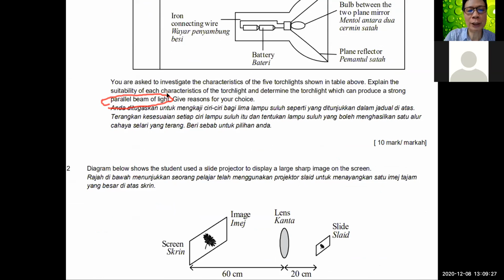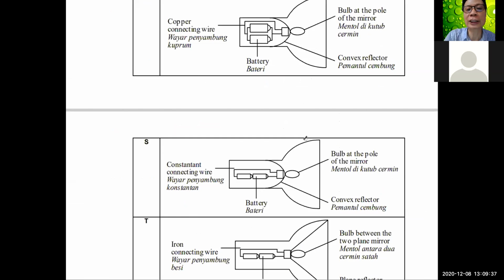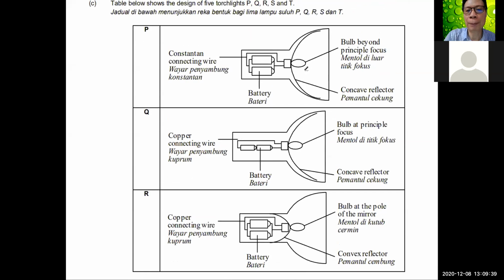How to make sure the torchlight can produce parallel light? You must have a certain technique: the position of the bulb. The bulb must be at a certain position so that when the light is reflected by the reflector, it becomes parallel.